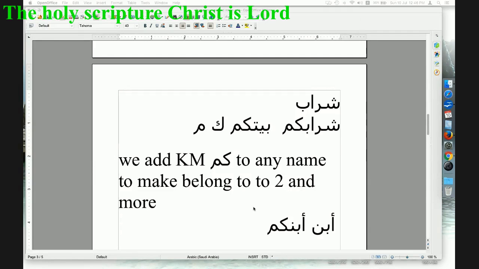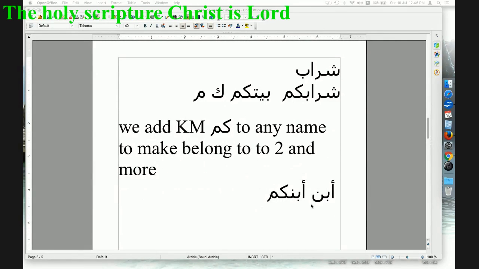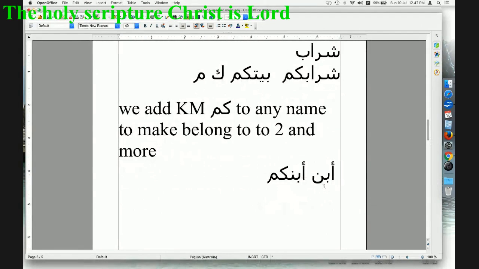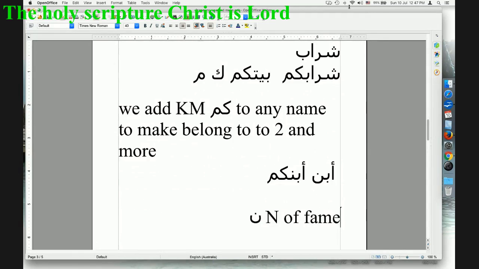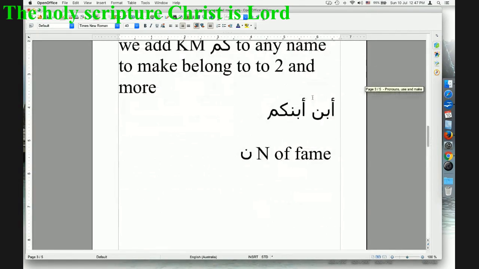No. You remember before we spoke about something called the noon of females, the noon of the feminine. So what we will do is replace the letter m with the letter n in the case of females, if the group are females.